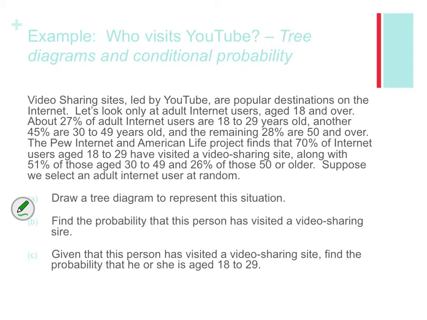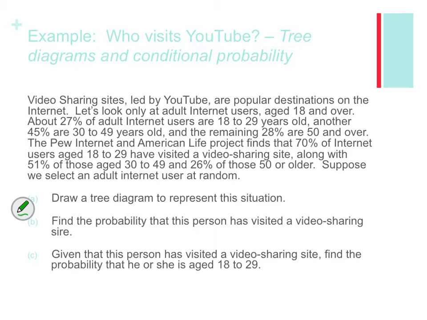Let's take a look at another tree diagram. This tree diagram will show conditional probability. Video sharing sites, led by YouTube, are popular destinations on the internet. Let's look only at adult internet users aged 18 and over. About 27% of adult internet users are 18 to 29 years old. Another 45% are 30 to 49, and the remaining 28% are 50 and over.